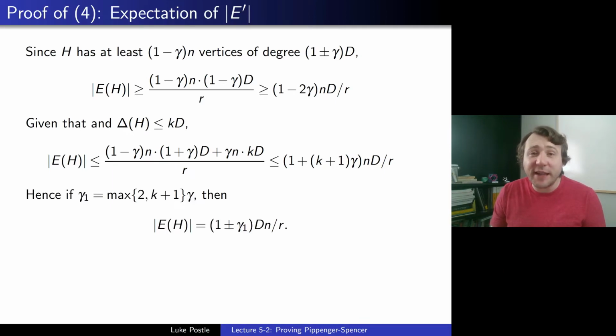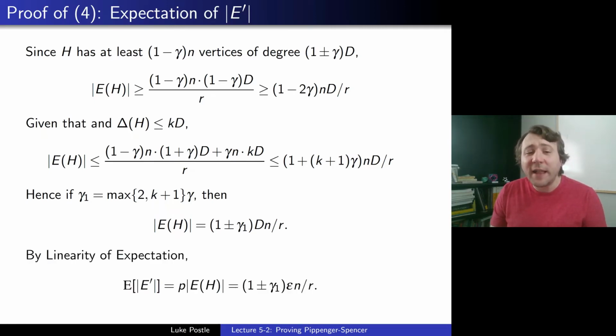So if we set gamma 1 to be the maximum of 2 and k plus 1, times gamma, then E of H is (1 plus or minus gamma 1) dn over r. And then by linearity of expectation, we know the expectation of E prime is p times E of H, which is then, since p is epsilon over d, the d's will cancel, and we'll get (1 plus or minus gamma 1) epsilon n over r. So that's the calculation for the expectation of E prime.